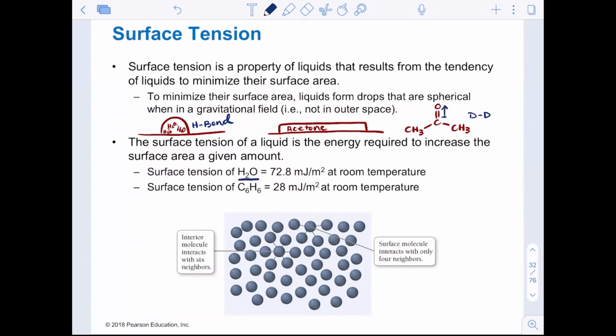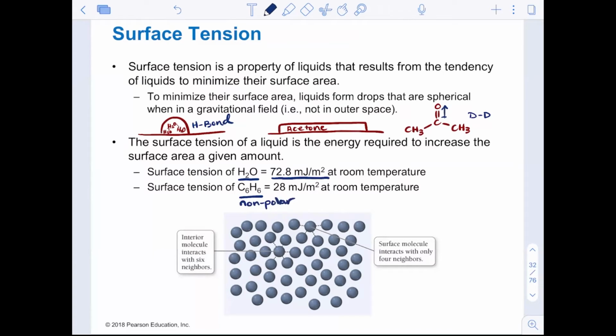Water has 72.8 millijoules per meter squared. The amount of energy required to increase the surface area by a meter squared is 72.8 millijoules at room temperature. So what does that mean? Let's compare it to another number, like C6H6, that's a hydrocarbon. It only has carbons and hydrogens, and we know that is a non-polar molecule.